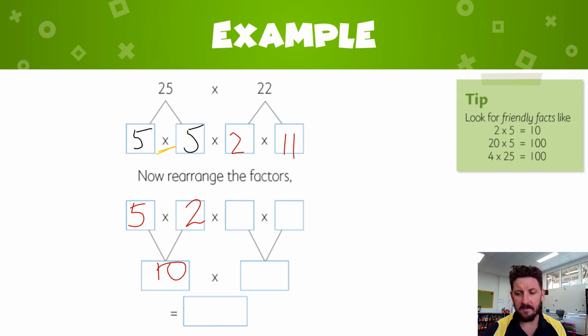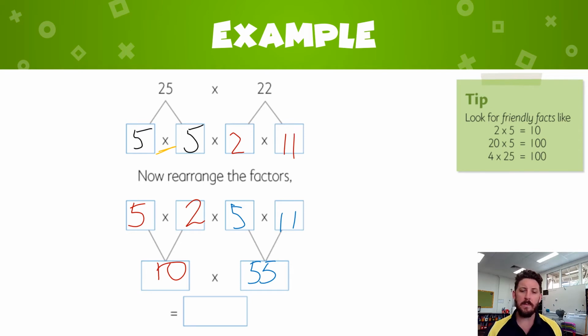Now that leaves me with my last two, which is 5 and 11. Now 5 times 11, that's an easy factor as well, because every time we do 11 times tables, we know that we just double the number we are multiplying by. So 5, double it up, 55. Now that we've got 10 times 55, I go, wow, that's easy, I can do this.